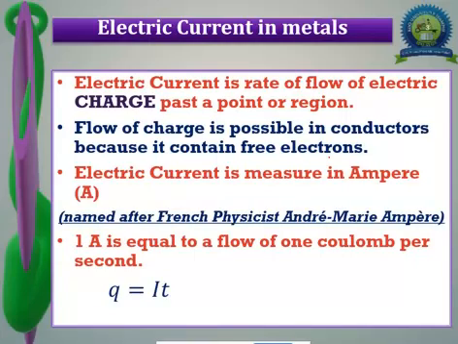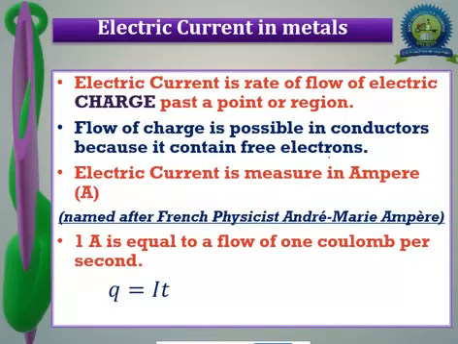And 1 ampere of electricity is equal to a flow of 1 coulomb per second. I repeat, 1 ampere of electricity is equal to a flow of 1 coulomb per second.